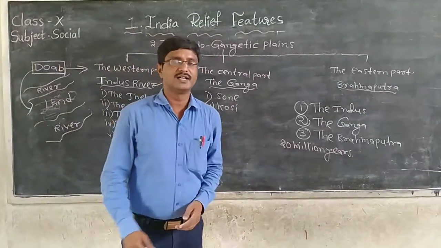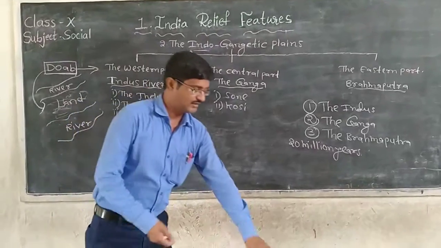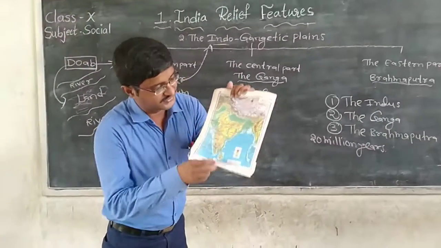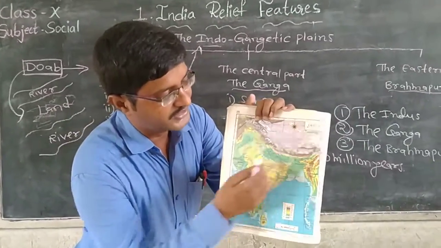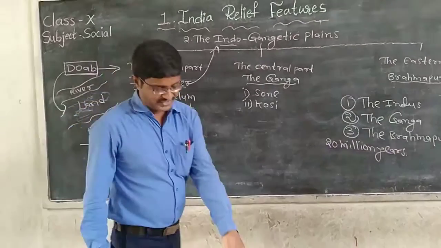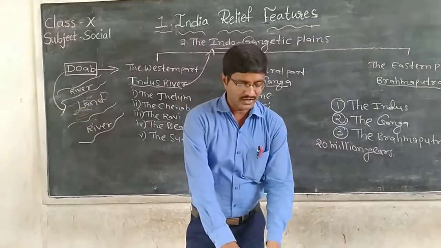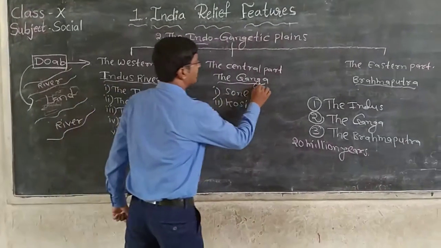Now we will move to the central part of the Indo-Gangetic Plains. Already just now I showed. This region is called the central part of the Indo-Gangetic Plain. So which river is the main reason for its formation? The central part is also known as Ganga Plain.